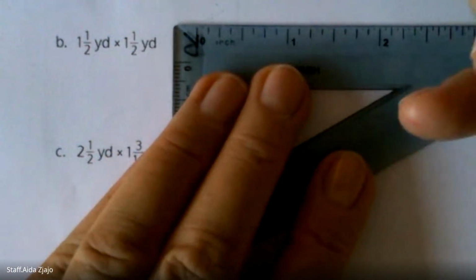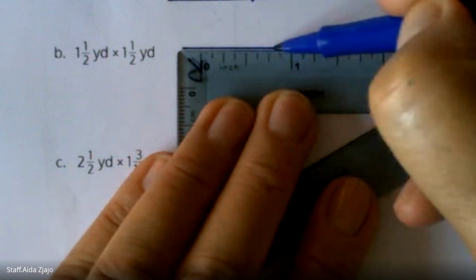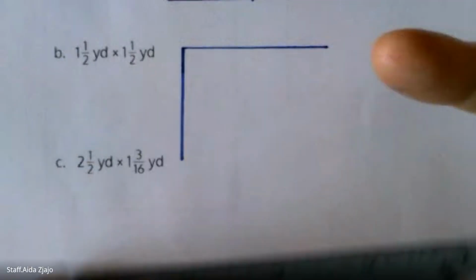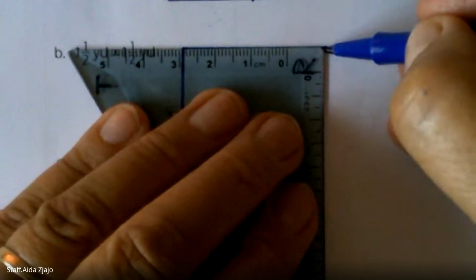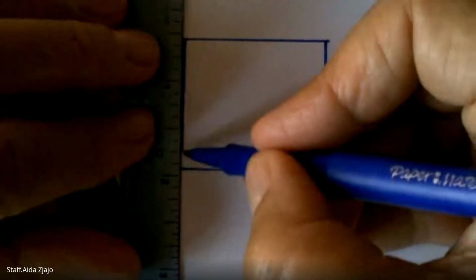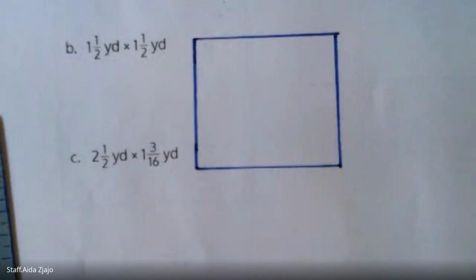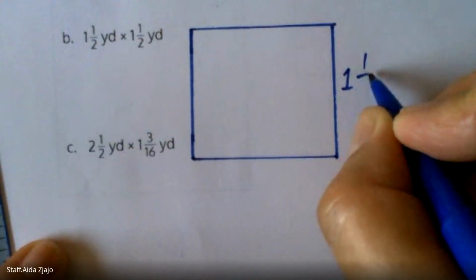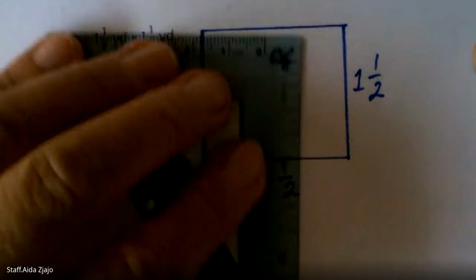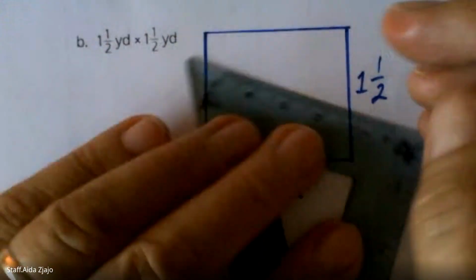Now, if we go to the next one, this is 1.5 and 1.5. So, okay, I'm going to pretend that this is a square, because the measurements are 1.5 and 1.5.